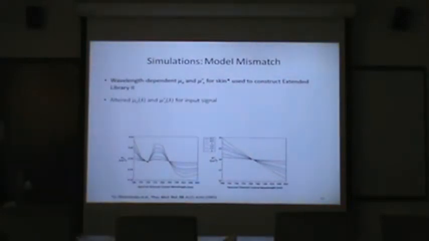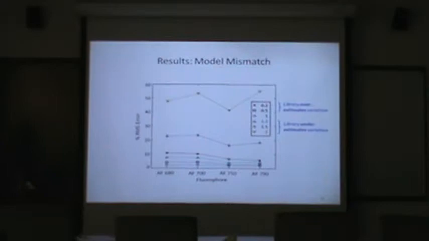And so I went ahead and did that and computed the same error metric, and this is the result for that. Now these labels correspond to numbers that tell you by how much the library is either overestimating or underestimating that variation. And one corresponds to the case where the properties between the signal and the library match exactly.